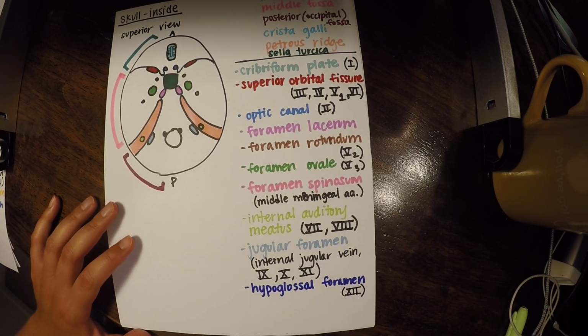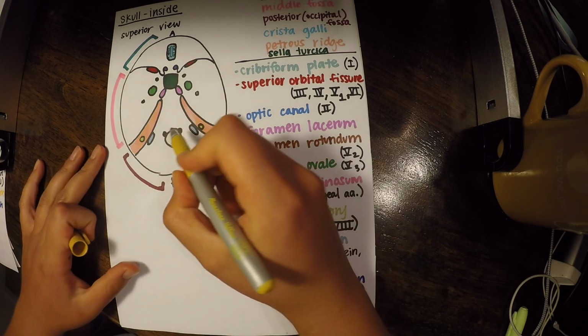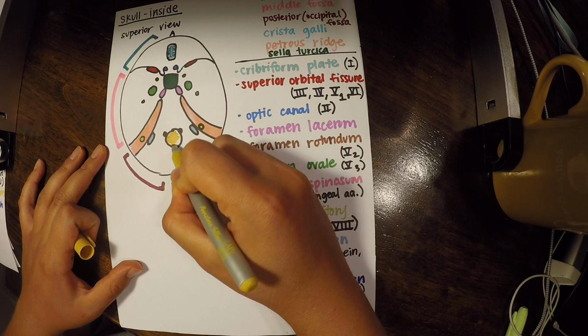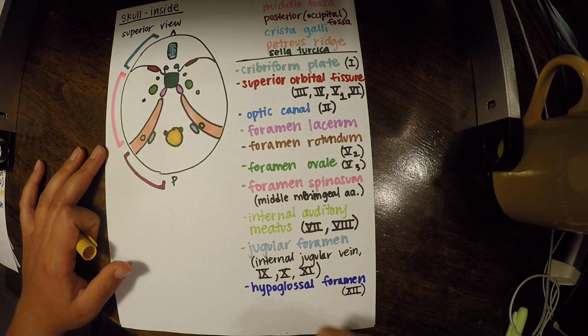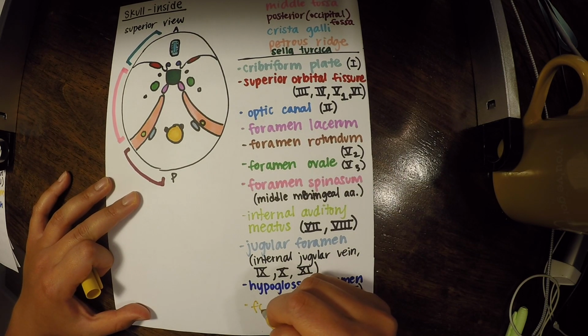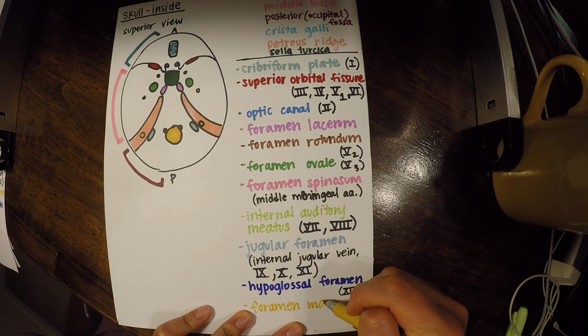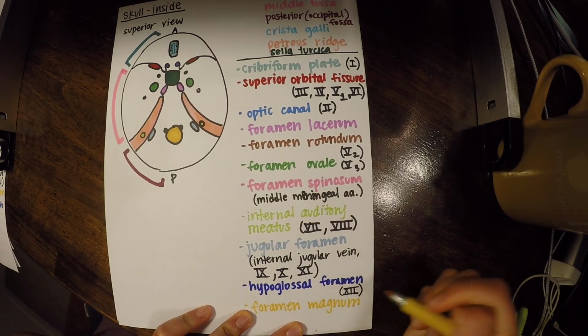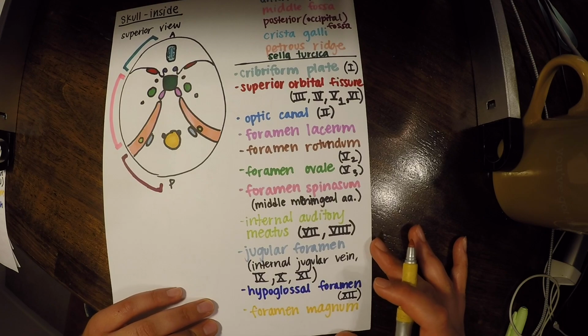And last but not least, we have a huge foramen, our foramen magnum right here. And that's actually where our spinal cord travels through. But we're just going to give it a name because there's no cranial nerve passing through it. That is our foramen magnum, where our spinal cord and brainstem end up passing through.